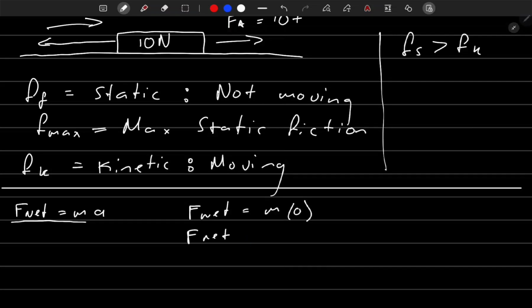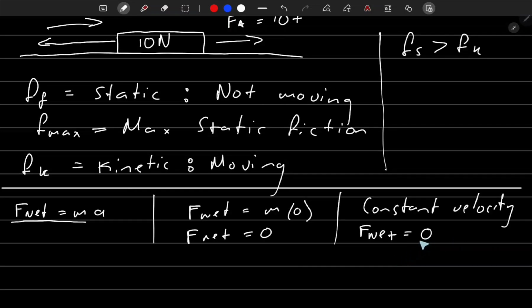In other cases, we might have constant velocity. If we have constant velocity, that means acceleration is 0, so F net is equal to 0. In these problems, we are usually asked to calculate some force.